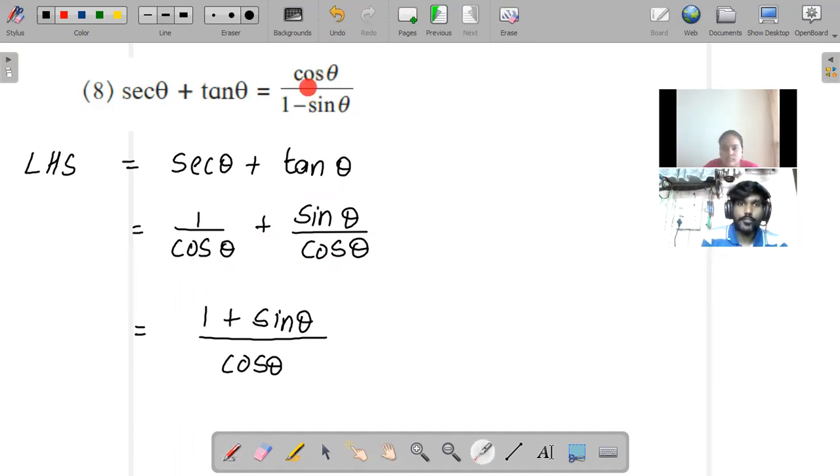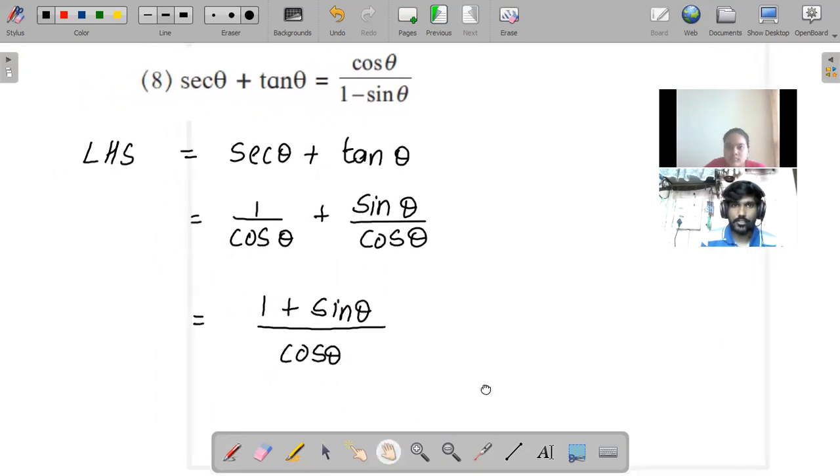Now, if you look what we have to prove on the right hand side, and here it is almost same, not exactly same, almost same. But we'll have to do some rearranging here because we need cos theta in the numerator, and in the denominator I need 1 minus sine theta, while here it is 1 plus sine theta. So little bit rearranging has to be done.